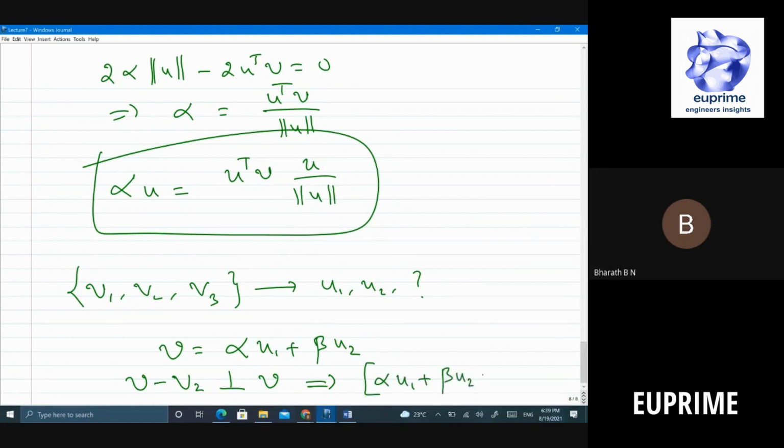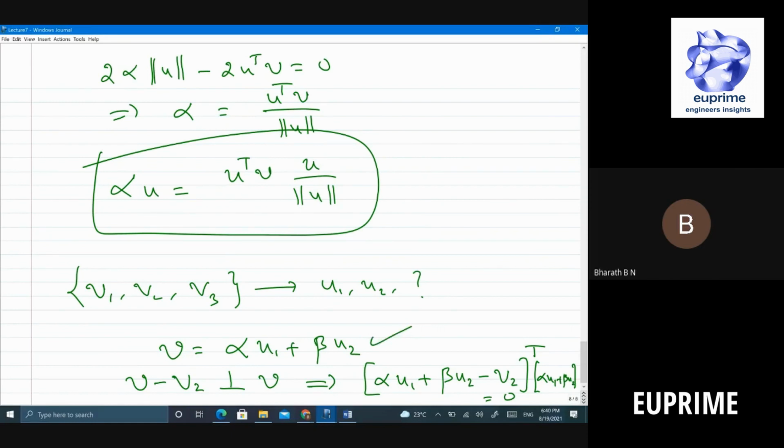So (v minus v3) transpose (alpha u1 plus beta u2) is 0. I want to have this, right? Is that fine, everyone? The difference is orthogonal to this. So if I choose alpha and beta such that this happens, then I'm done. I have found the vector v, which is orthogonal. Then you can move forward.